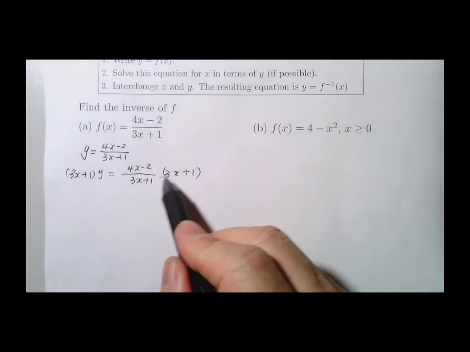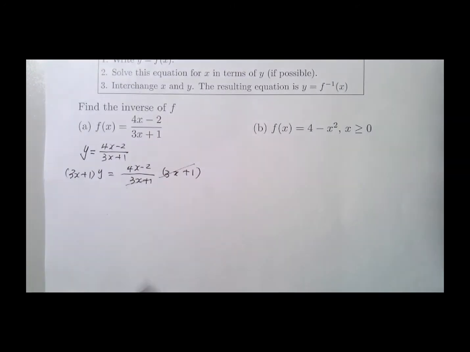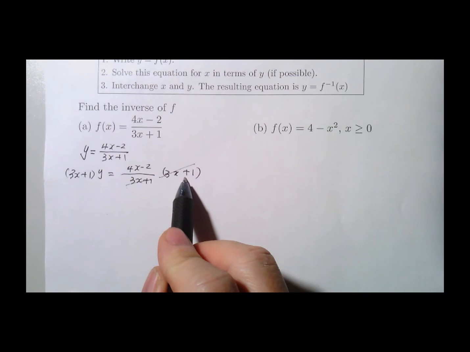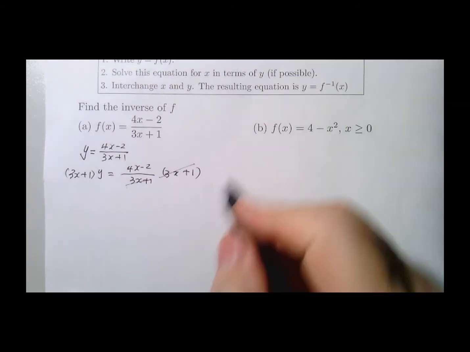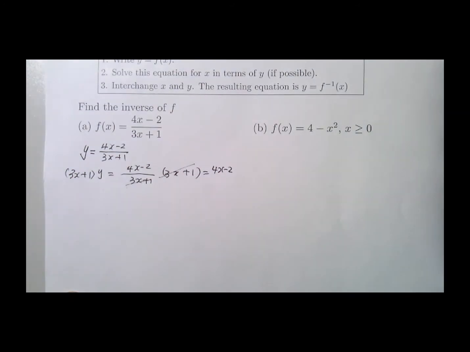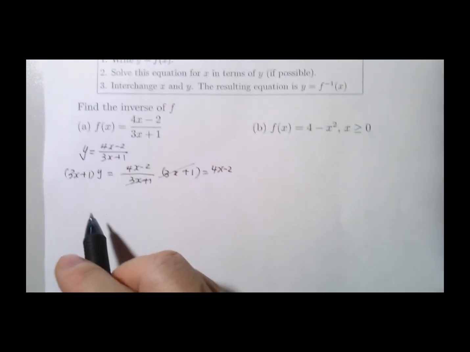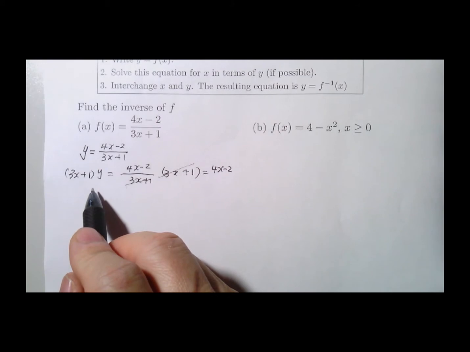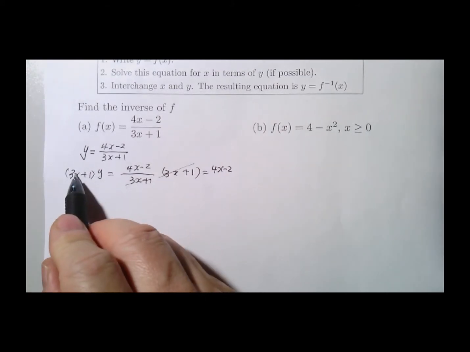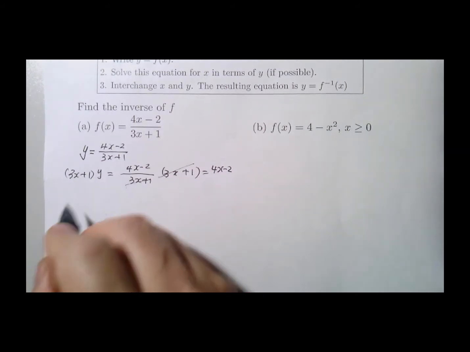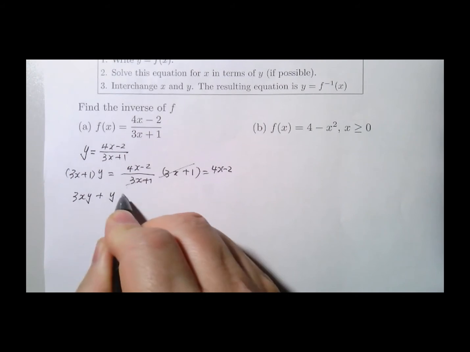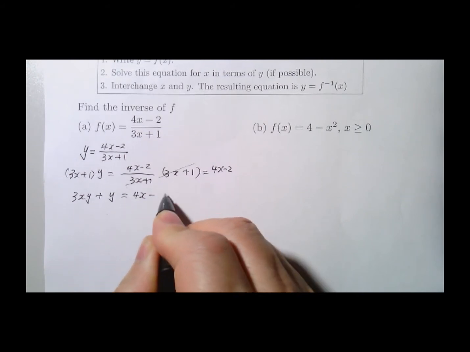So here, 3x plus 1 cancels. After that, you do not have a fraction anymore, because the right side equals 4x minus 2. Now we try to solve for x. Let's distribute y to each term. So I have 3xy plus y equals 4x minus 2.